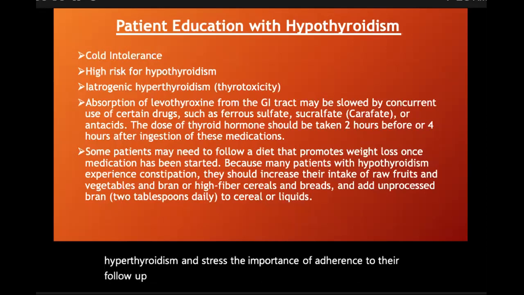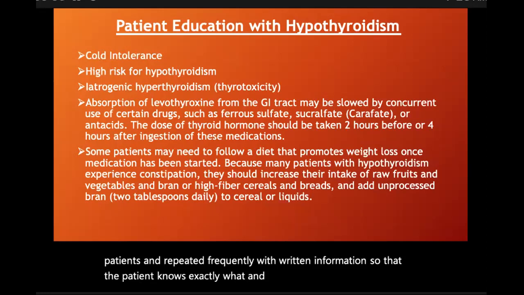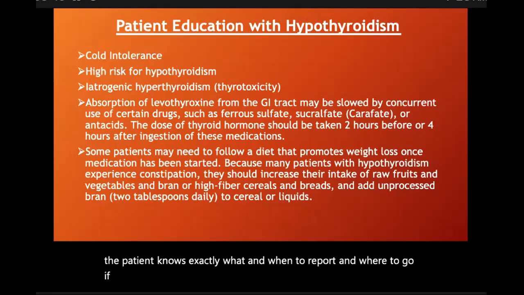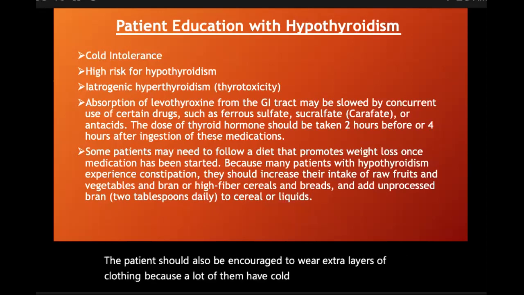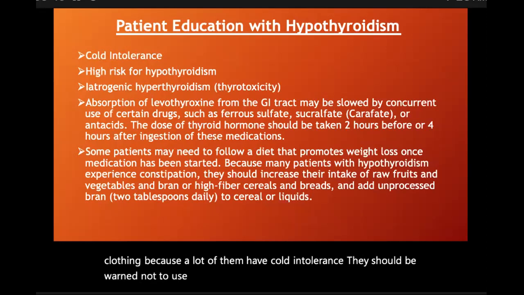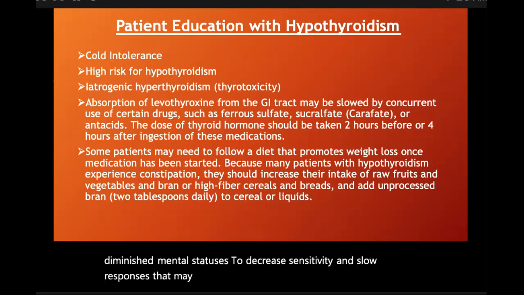Okay, instructions should be simple for these patients and repeated frequently with written information, so that the patient knows exactly what and when to report and where to go if they have any issues. The patient should also be encouraged to wear extra layers of clothing because a lot of them have cold intolerance. They should be warned not to use heating pads because a lot of them have diminished mental statuses, decreased sensitivity, and slow responses that may make them at higher risk for thermal burns.